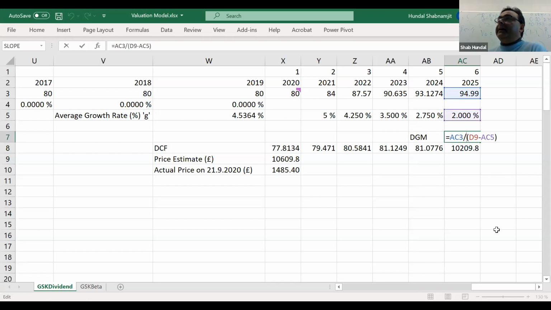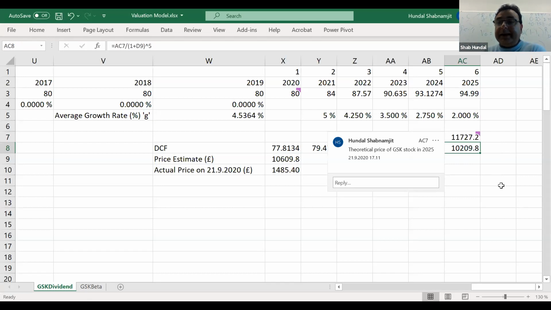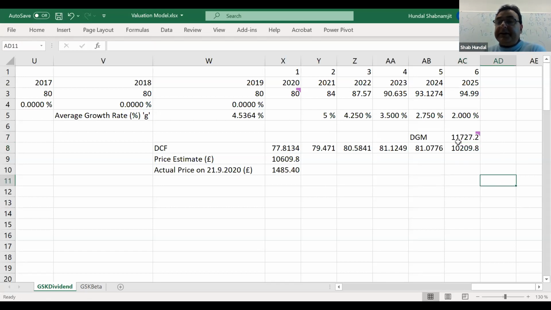The way I did it, exactly copied and pasted from the slide which I showed you, the estimated share price of GlaxoSmithKline by the end of 2025 would be 11,727.